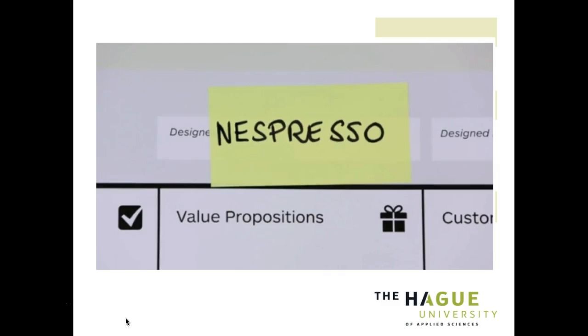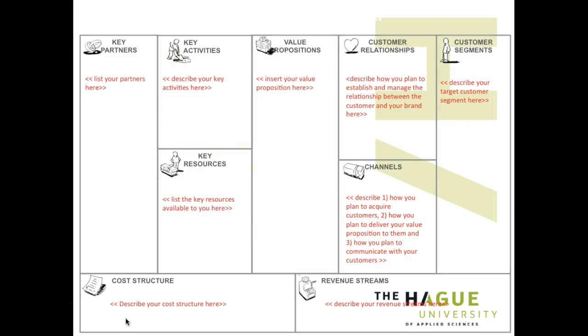So Nespresso is one example. I believe that you can find an example on YouTube if you have a look through. And Nespresso, or any other business that you can think of, you'll go through each of these sections, and we'll do this in the workshop this week. List the key partners, describe the key activities, and so on and so on.